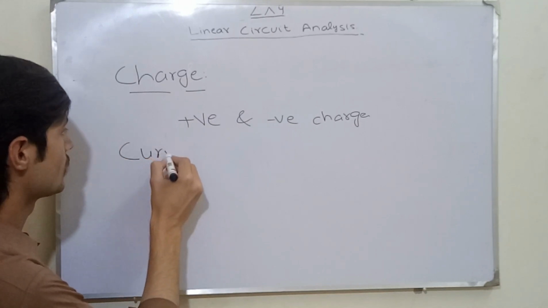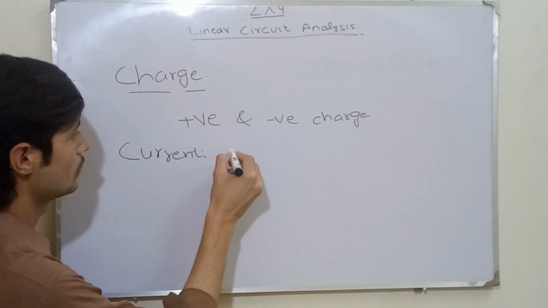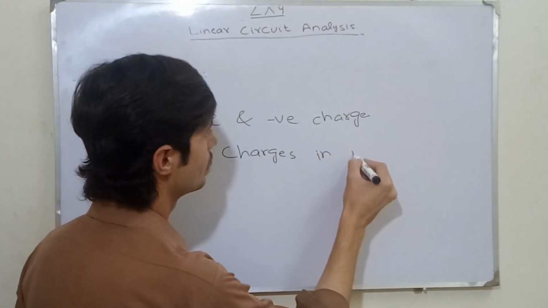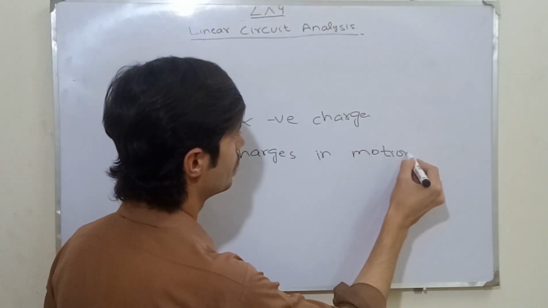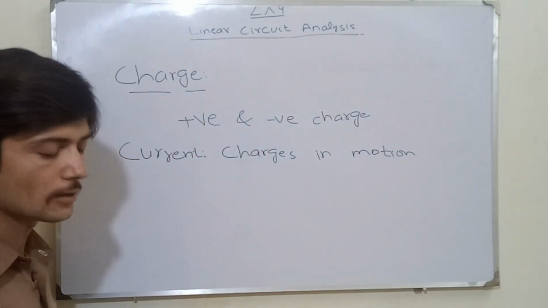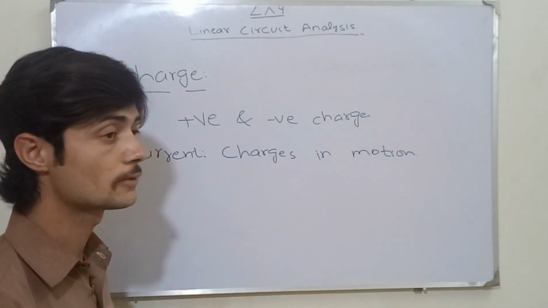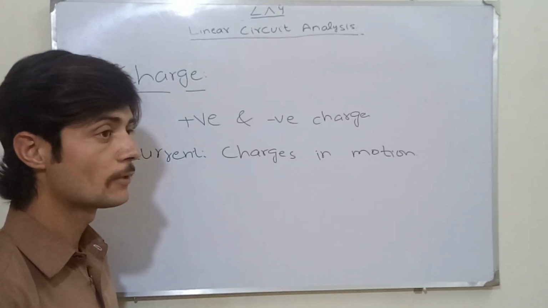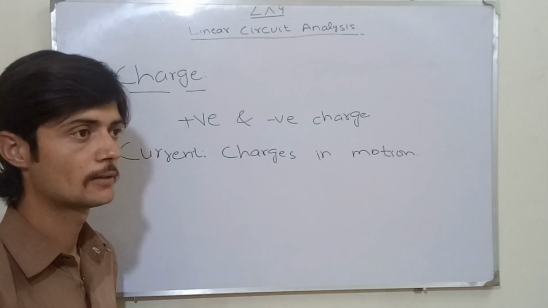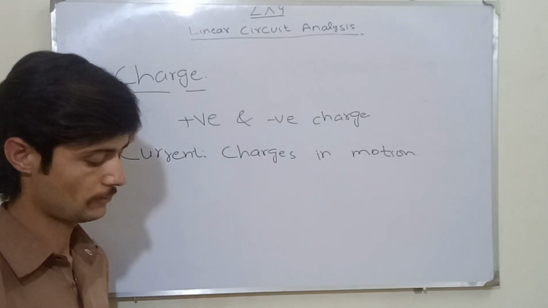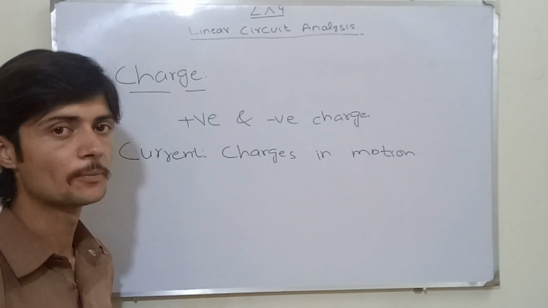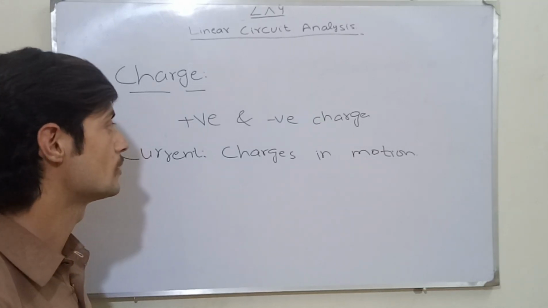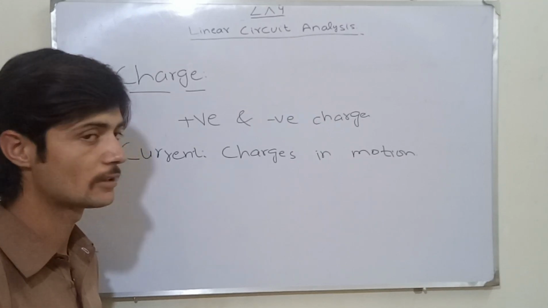So what is current? Charges in motion is called current. Transfer of charge is also current. Transfer of charge from one place to another is observable in our country. The power transmission lines are the medium through which we transfer our charges from one place to another.